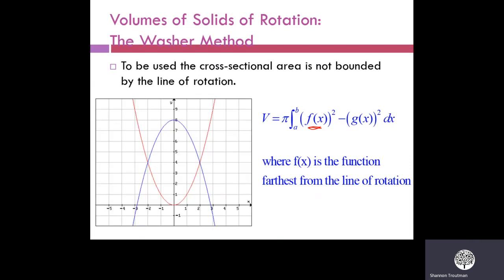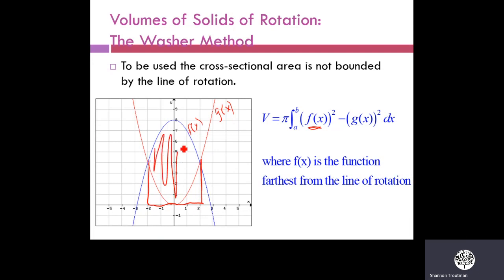So this is the scenario that you would have here, this basic, and we will actually integrate this function. But you have two functions here, a downward facing parabola and an upward facing parabola. So if I call this function f of x and I call this one g of x, okay, when you're looking at how you are going to find the volume rotated about the x-axis, here is your x-axis.